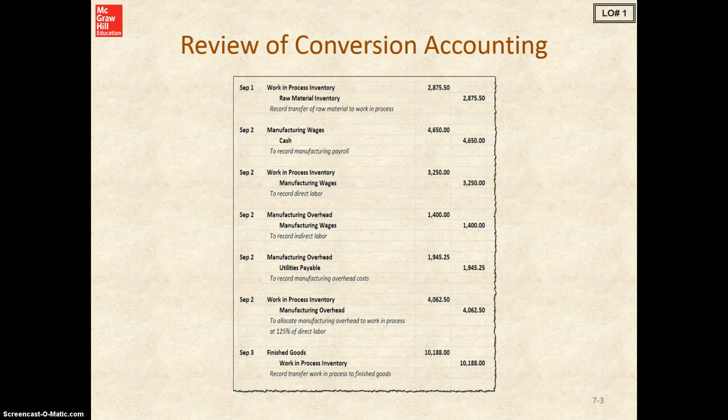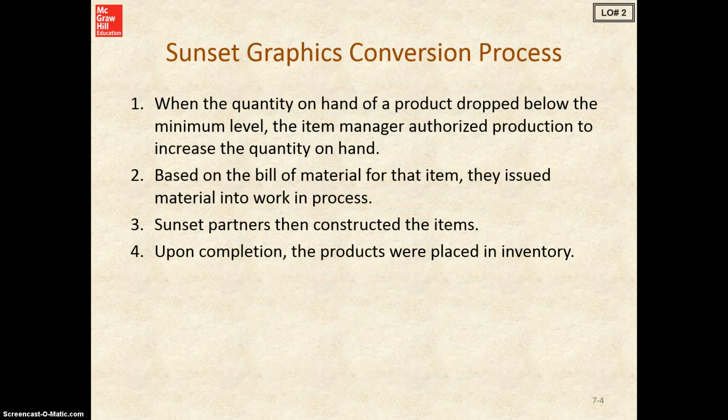We have to record our manufacturing overhead, and additional manufacturing overhead for utilities. We move factory overhead to work in process inventory. And the very last step is finished goods. We move our work in process to finished goods. Then we have inventory that we can now sell.